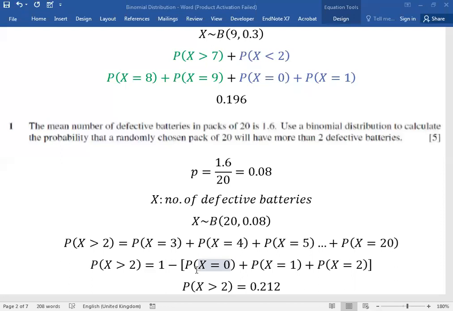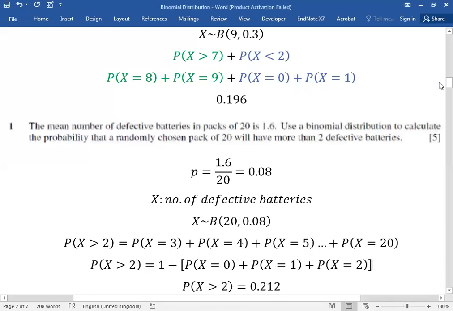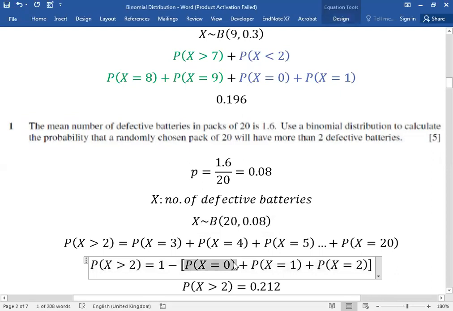If the probability of success is 0.08, the probability of failure will be 1 minus 0.08, which is 0.92. Once you apply binomial, 0 successes means all failures: 0.92 to the power 20. 1 success: 20C1, success to the power 1, failure to the power 19. 2 successes: 20C2, success to the power 2, failure to the power 18.